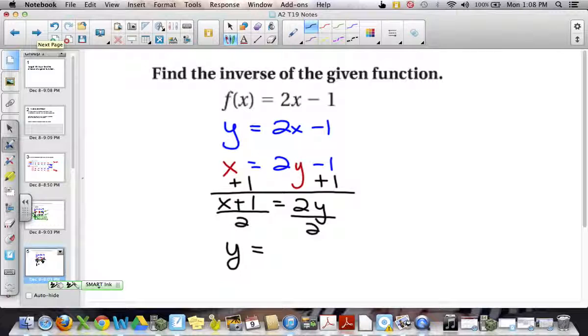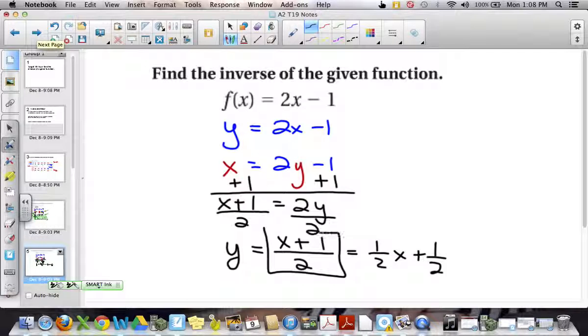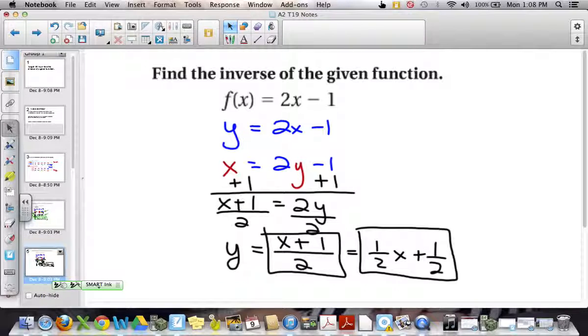So we have y equals x plus 1 divided by 2. And now you can simplify that if you want and write it as 1/2 x plus 1/2, or you could just leave it as one fraction. Either one of these would be okay.